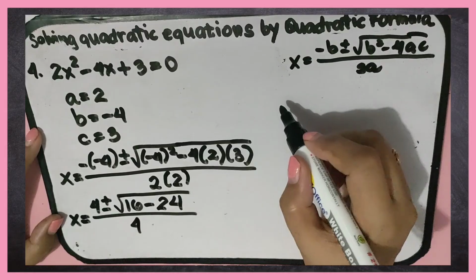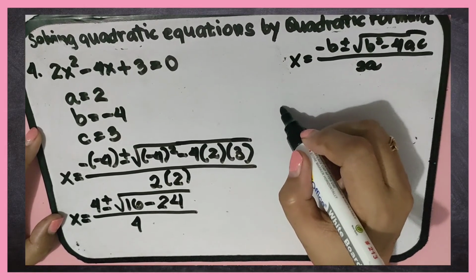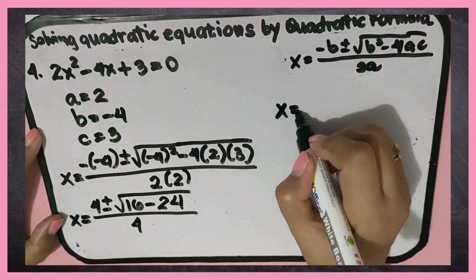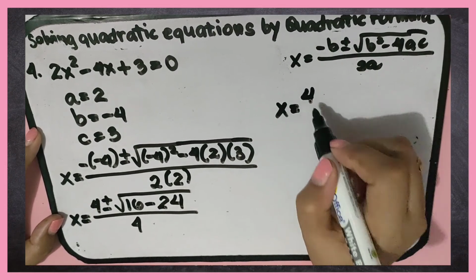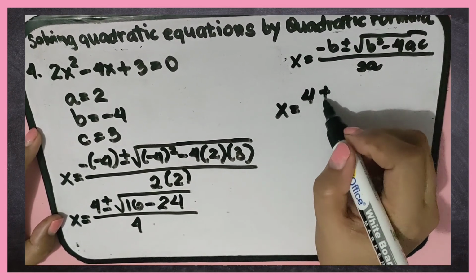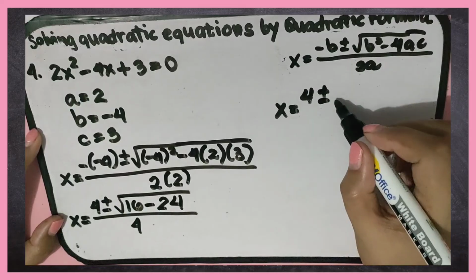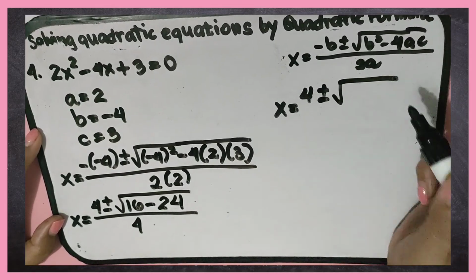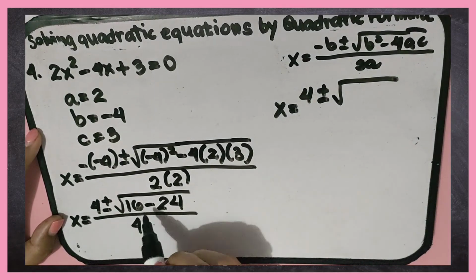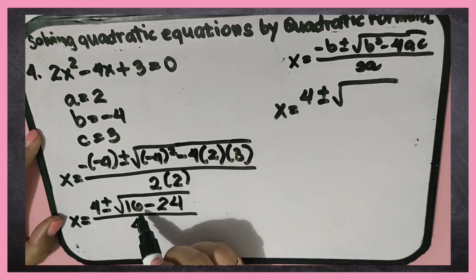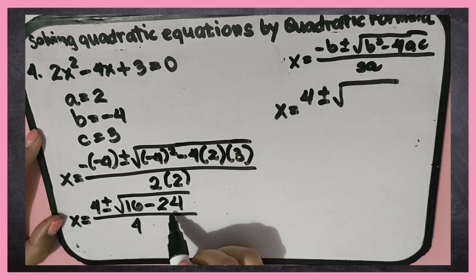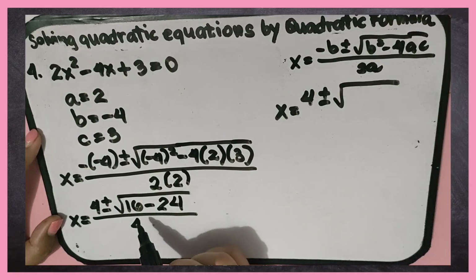Then after that, let us continue here. We have x equals 4, and then simplify the expression inside the radical sign. 16 minus 24. So this is unlike sign, so you will subtract. So we have 24 minus 16.